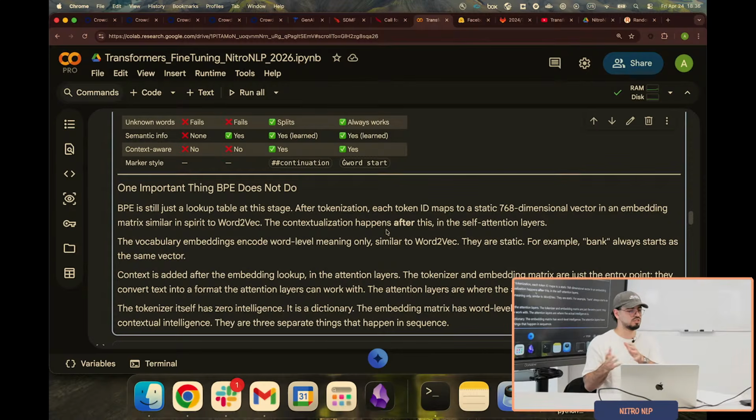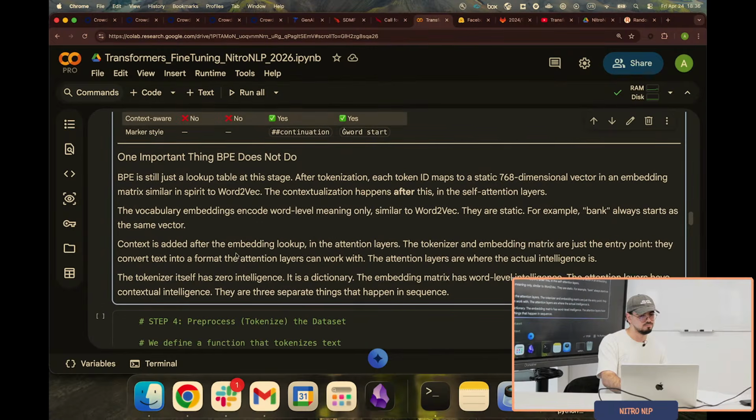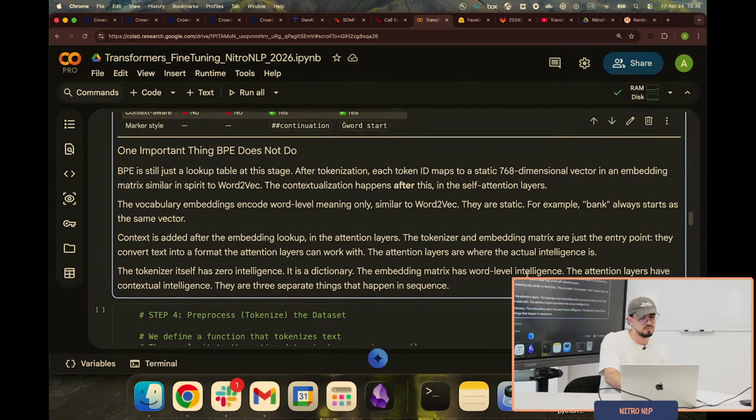The contextualization happens after this in the self-attention layers of RoBERTa. So the context is added after the embedding lookup, in the actual attention layer. So this tokenizer has no intelligence whatsoever. It is only a dictionary, but the embedding matrix has word-level intelligence.